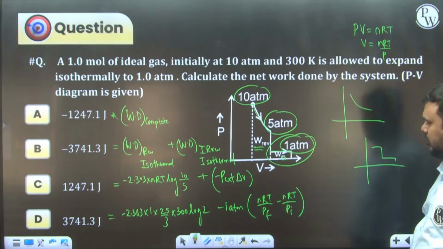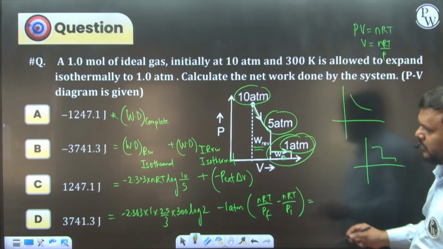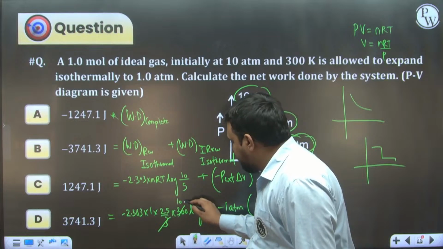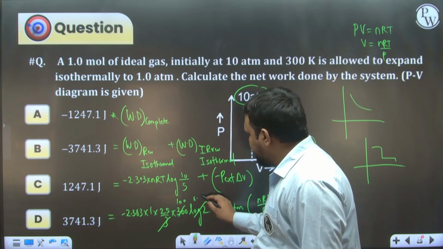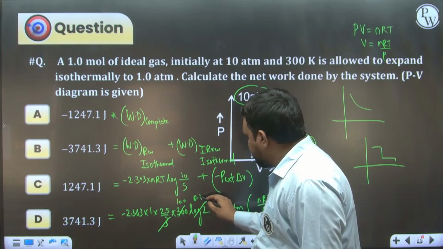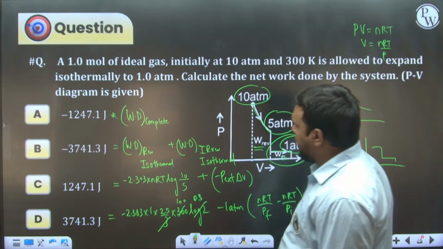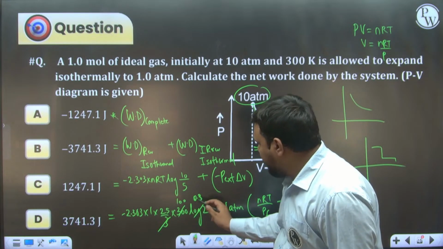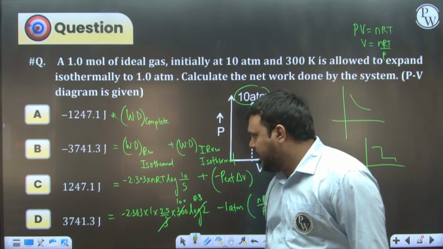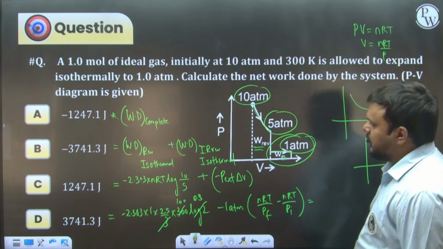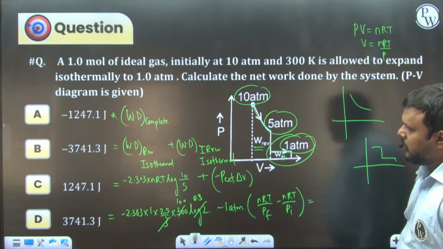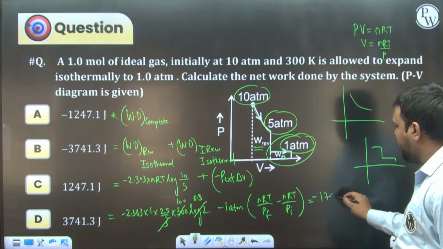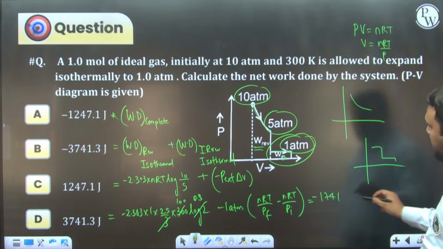So let us proceed further. This value you can see, this will be 100 times, this is 0.3, 0.3010 exactly, but I am taking approximately. So we are getting 2500 into 0.3, that is 750 into minus 2.303. 750 into minus 2.303 will be minus 1741 something.